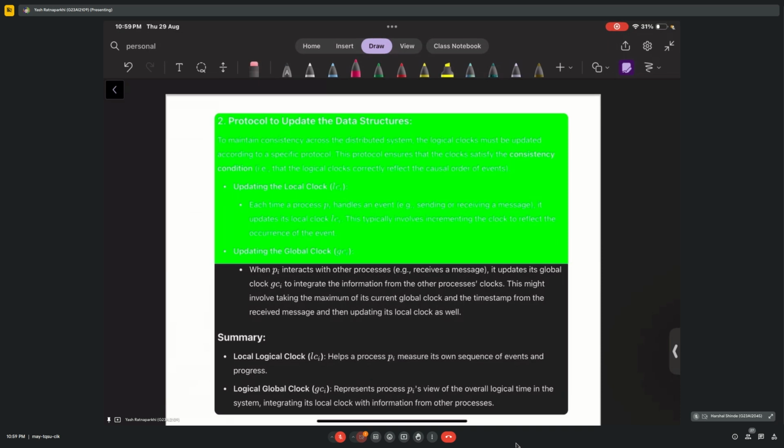So rule number one is update the local clock. Each time a process Pi handles an event, for example sending, receiving or any internal event, it typically involves incrementing the clock, reflecting changes of occurrence.